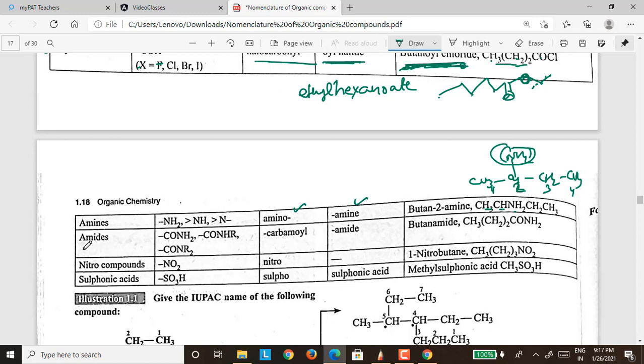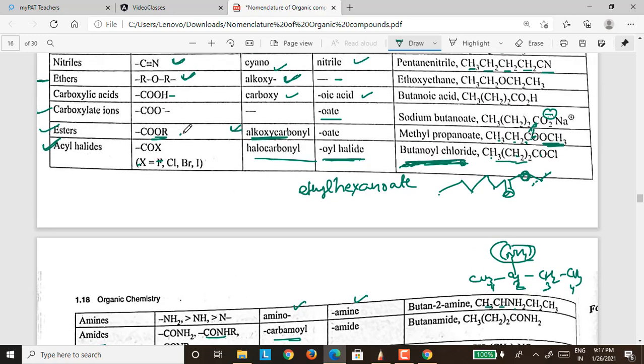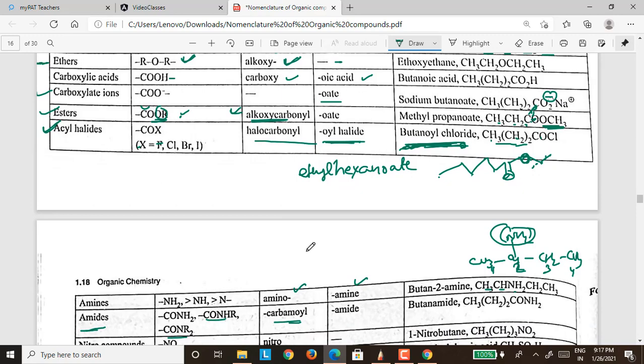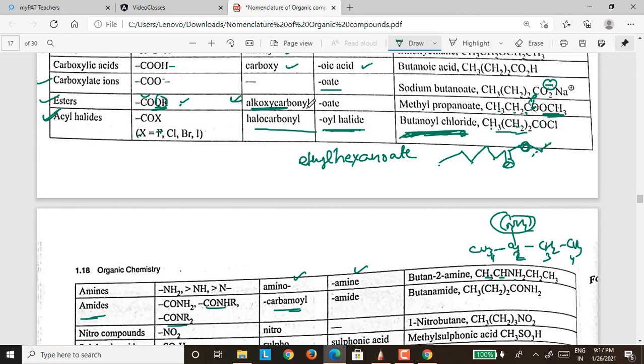If it is an amide, CONH2, CONHR, CONR2, then if it is a prefix it is carbamoyl. These two namings are difficult. For an ester, the prefix name is alkoxycarbonyl: OR is alkoxy, CO is carbonyl. But if it is an amide, then it is carbamoyl.